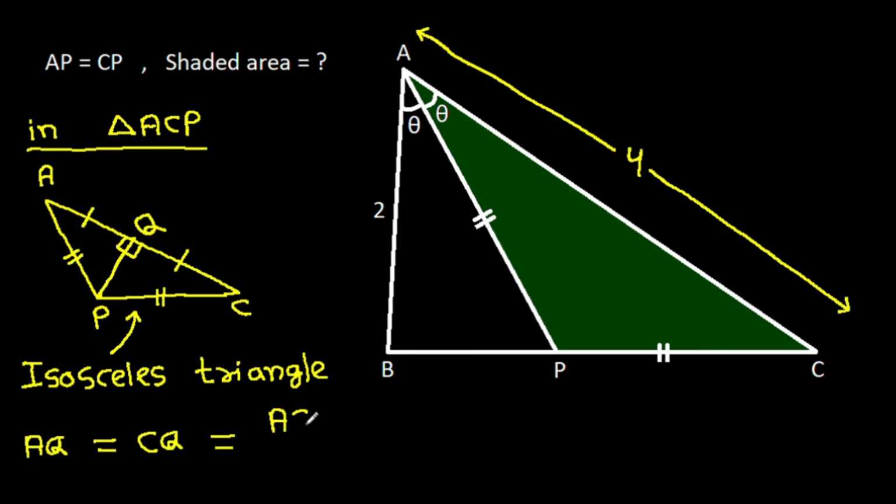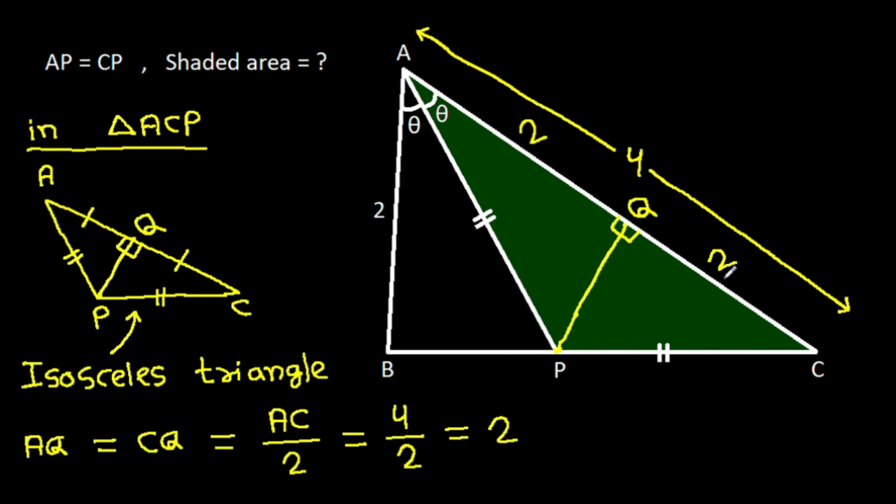They will be AC divided by 2, and AC is 4, divided by 2, that will be 2. So AQ will be 2 and CQ will be 2.